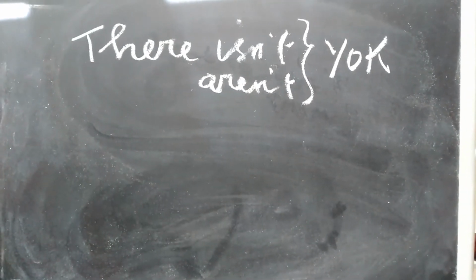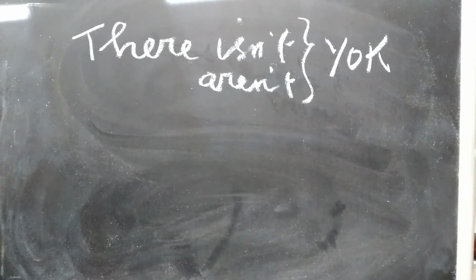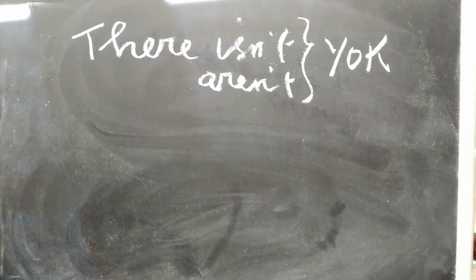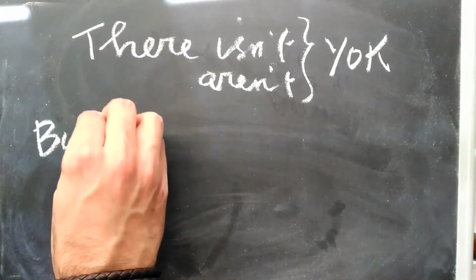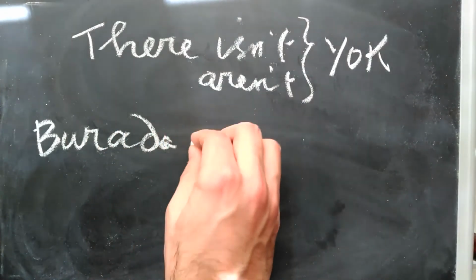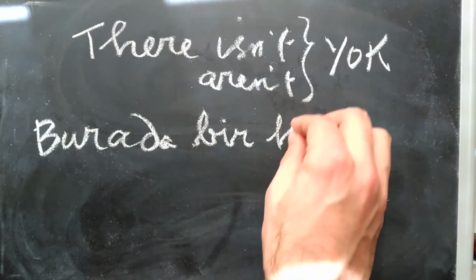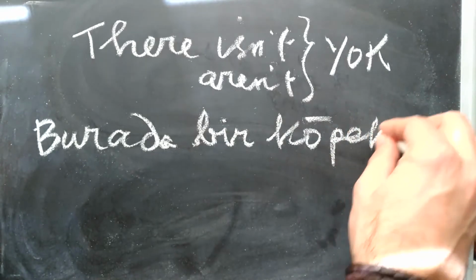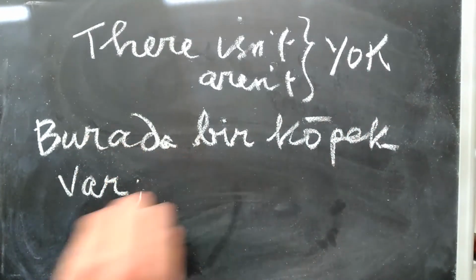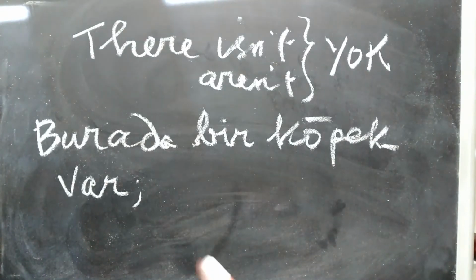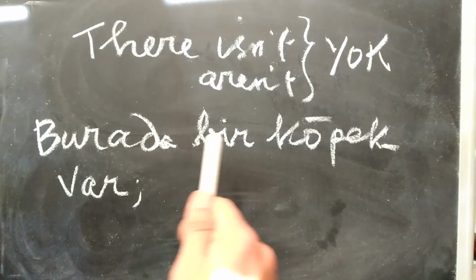So if you want to say, there is a dog here, but there isn't a cat here. Let's say that. In Turkish that would be burada bir köpek var. Burada bir köpek var. Here, over here, there is a dog.